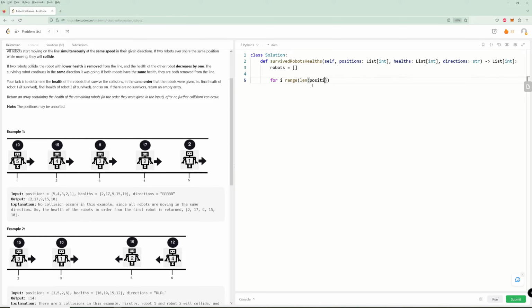So we are going to go through every single robot, and we're going to add all these. Remember what we want. We're going to want the position first, because we're going to be sorting that. We're not actually going to use the position to do anything other than sort by it. So we're not going to use it in the future, but that's fine. And like I said, this isn't going to add to our complexity, so it's not a big deal.